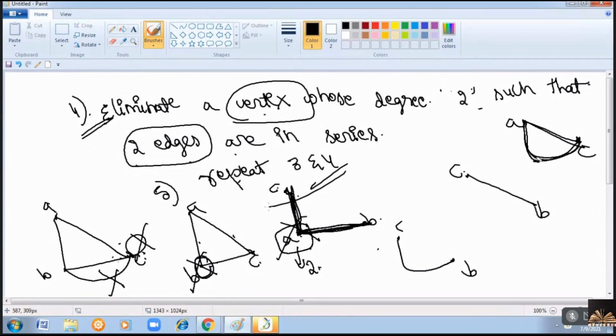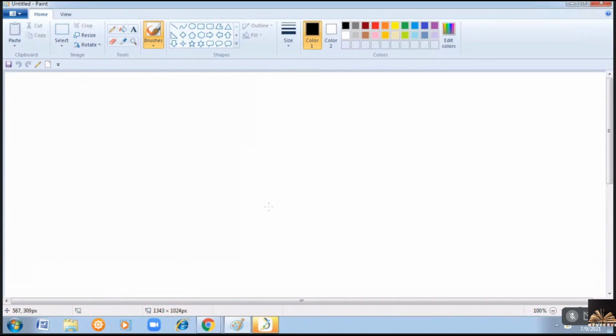Now, after performing step 3 and 4 repeatedly, you will get a new graph, right? You have eliminated some parallel edges, some loops, and some vertices with degree 2. After performing all these steps, you will get a new graph H. G is the given graph. From this, after performing the steps I told you just now, you will get a new graph.